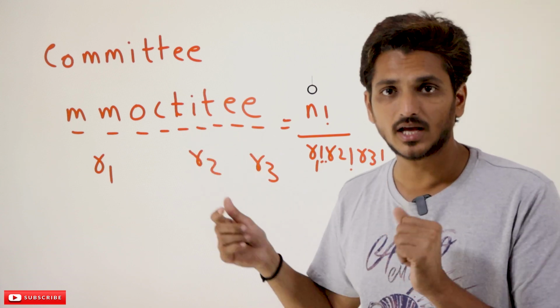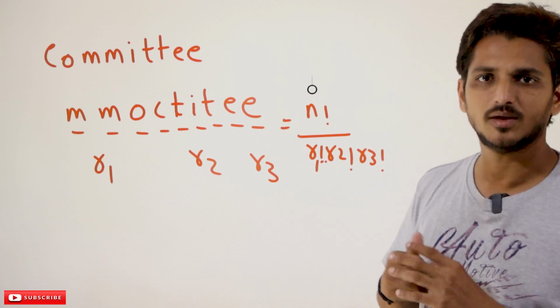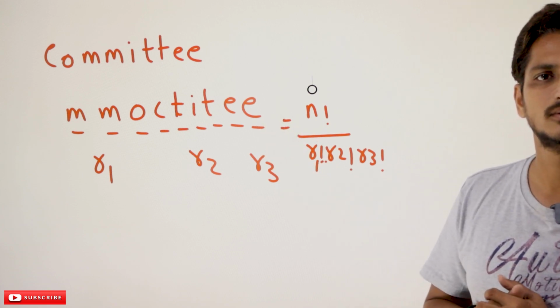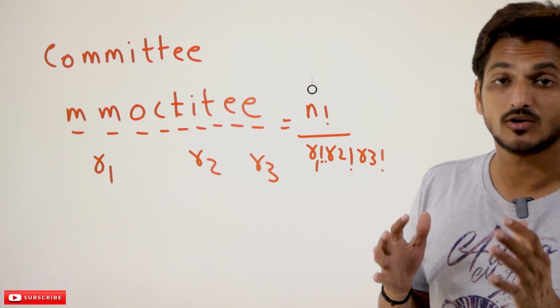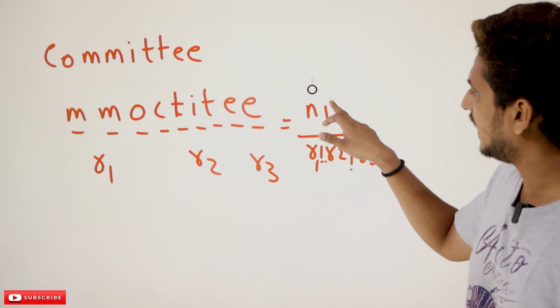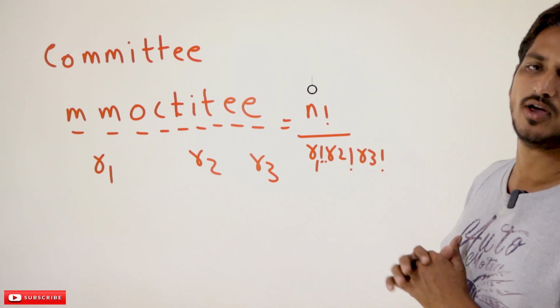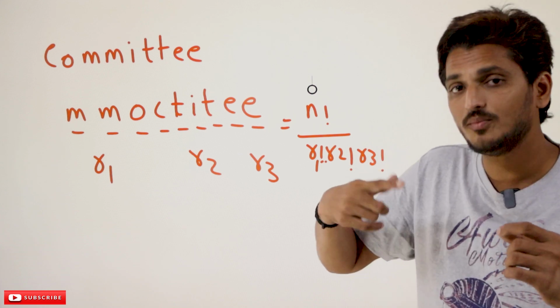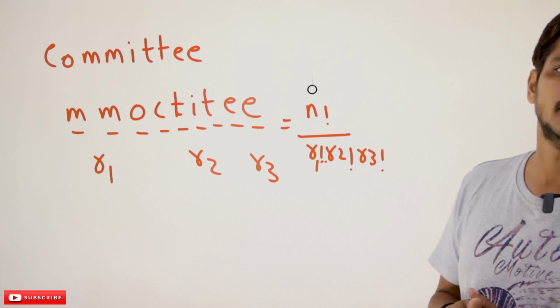If T is repeated 5 times, it would be 5 factorial. If E is repeated 3 times, 3 factorial. So finally, our formula is n factorial by r1 factorial, r2 factorial, r3 factorial. However many repetitions there are, those repetitions go in the denominator.